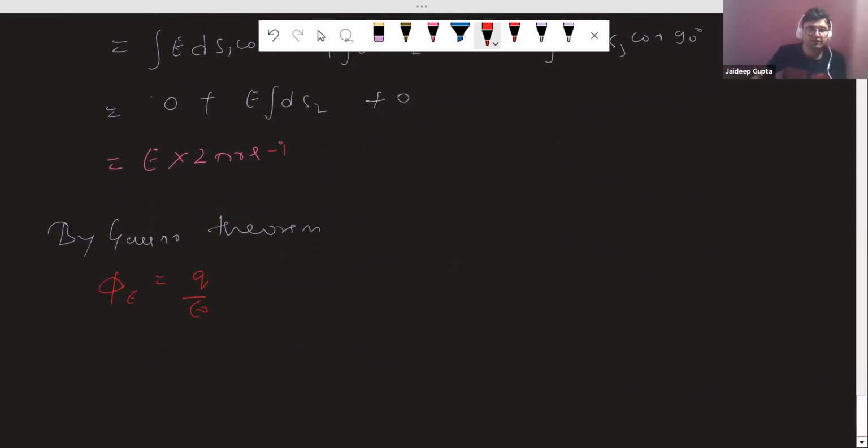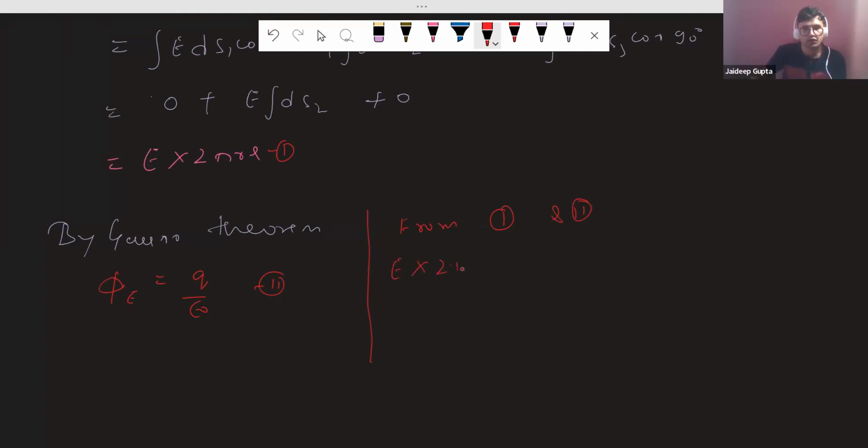Now this is, let it be first, let it be second. So from first and second, we can say E into 2 pi RL equals to Q over epsilon. Do you have any doubt till here? Then we will proceed. Okay, further.